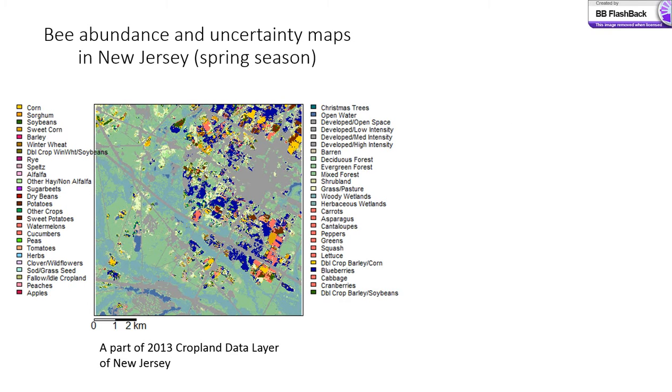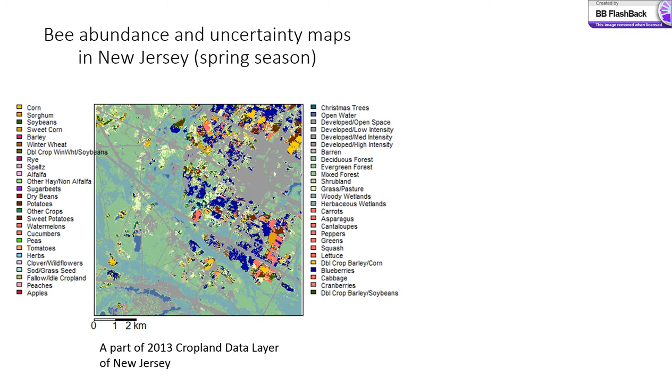Here is a real example of the result of the Monte Carlo simulation in a part of New Jersey in 2013. Within a 10 kilometer square area, there are 50 different land use covers: deciduous forests, woody wetland, development area, and the blueberry land cover are the dominant land covers in this area.